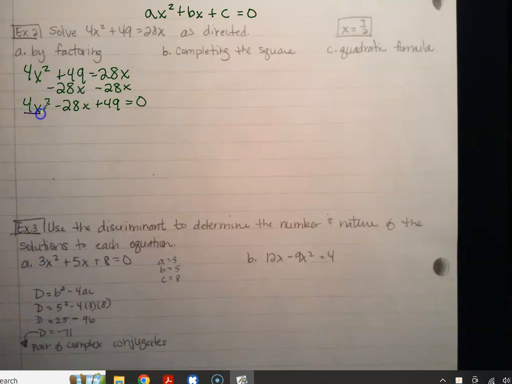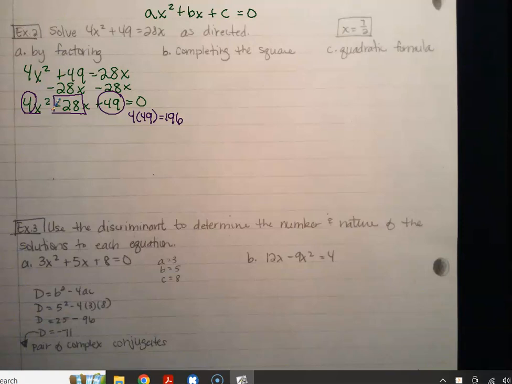All right, next problem. We have 4x squared. Could I divide the whole equation by 4 to make this easier? 28, I could divide by negative 28, I could divide by 4. 49, however, I cannot. So remember, we have to take the product of our a and our c. So 4 times 49 equals 196, and then find what factors of 196 equal the negative 28.